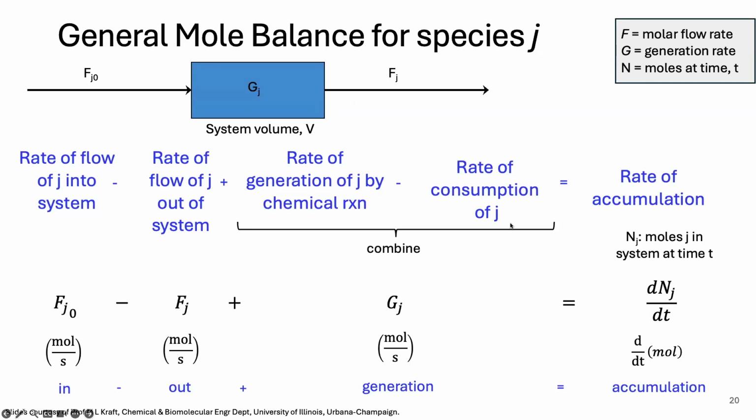Sometimes we'll have both terms, sometimes just one, sometimes the other. The net effect of that we'll call G_j, our generation term. Those differences are equal to the rate of accumulation, where N is the total moles of j in the system at any time, and that can be changing with time.